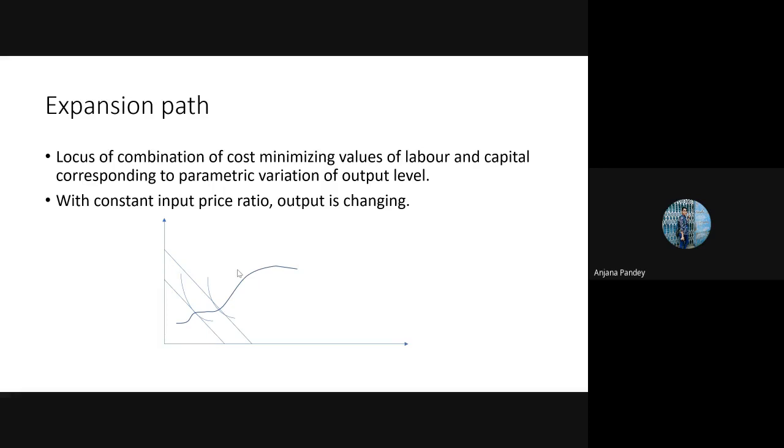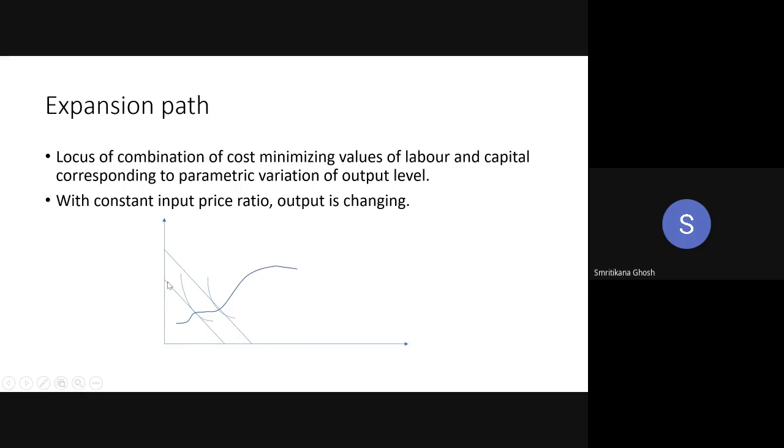Now look at the equilibrium points. Along the equilibrium points, here and here, your MRPT is constant and the same. Why? Because your W by R is constant by definition. Your isocost lines are parallel to each other.